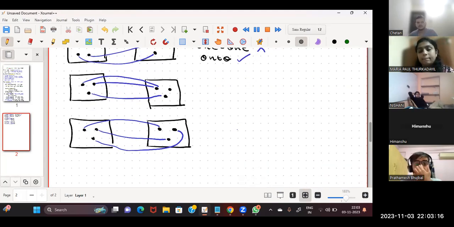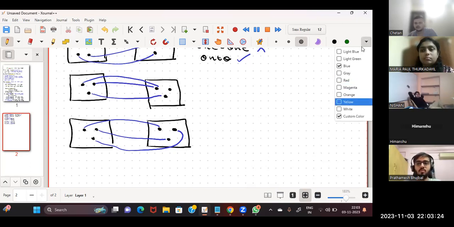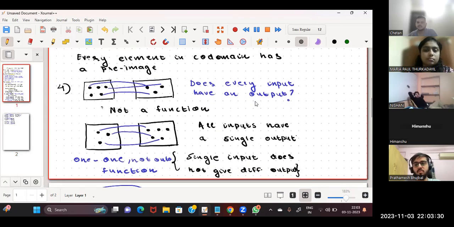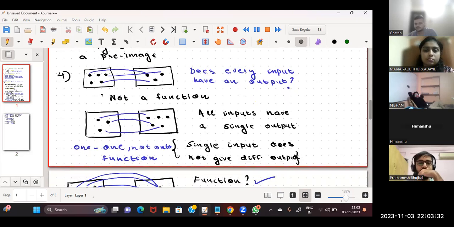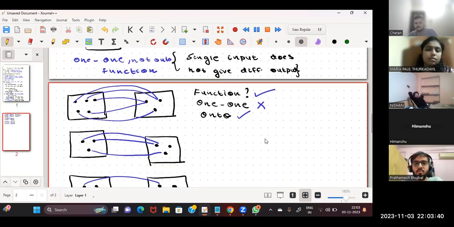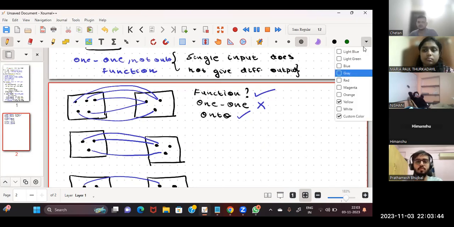I do not need uniqueness in the onto function. I talk about uniqueness only when I'm talking about one-to-one functions, not when I'm talking about surjective or onto functions. In onto functions, I can have two inputs mapping to a single output, as long as all the elements in my second box are mapped to some element in the first box, my condition is fulfilled. It's onto.